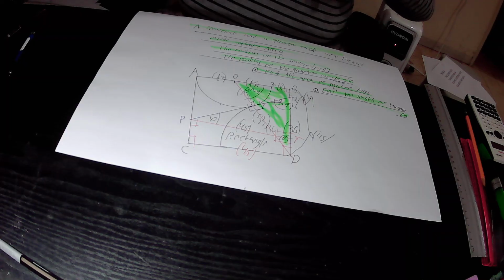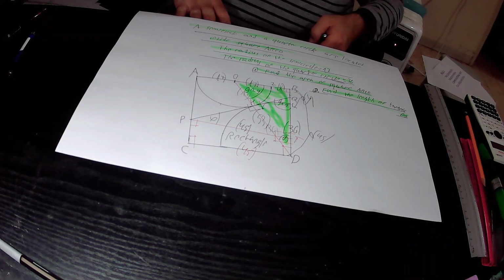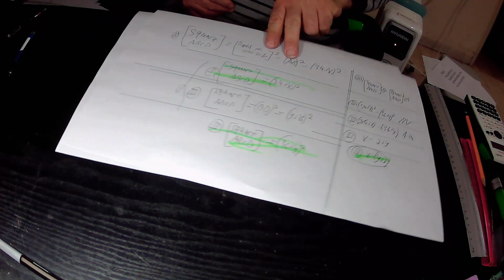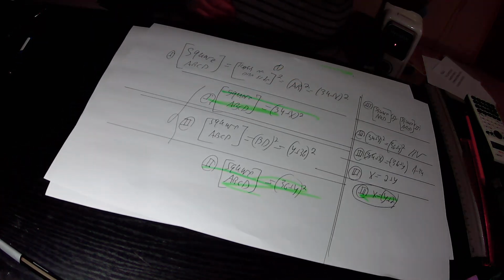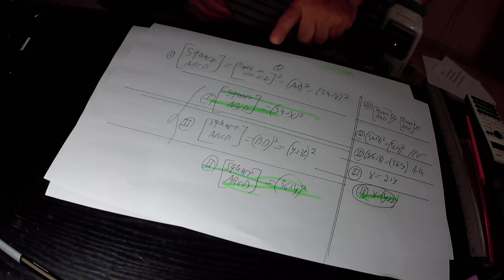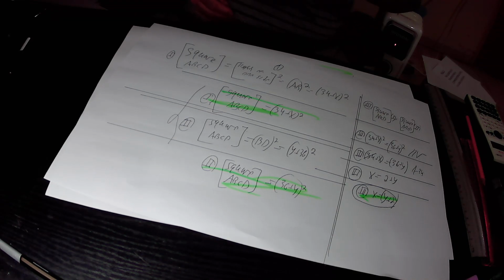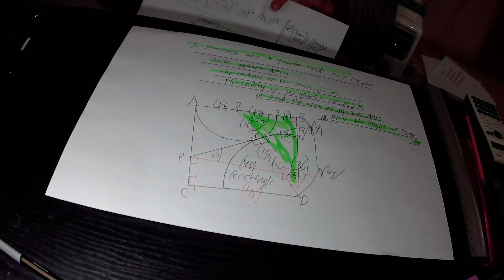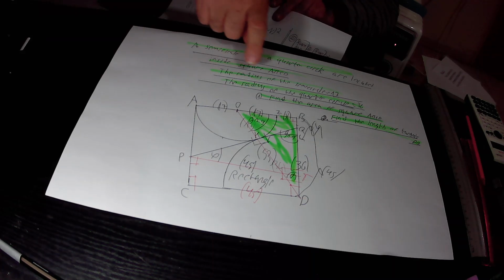So, what is the area of this square ABCD? We know that the area of any square equals the length of one side of the square squared. So we choose AB as the length of one side. Therefore, the area of square ABCD must be equal to AB squared.